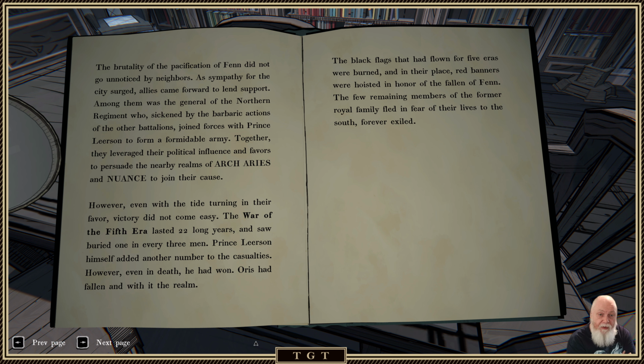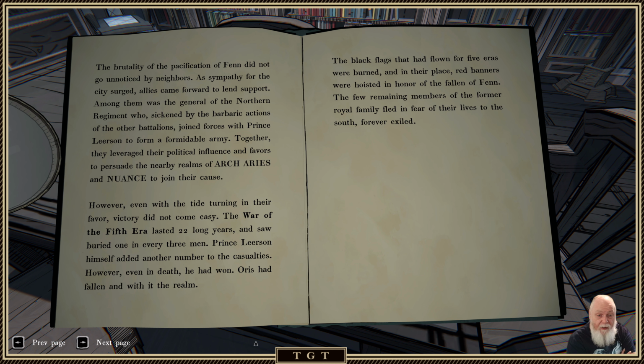Together, they leveraged their political influence and favors to persuade the nearby realms of Arch Ares and Nuance to join their cause. Nuance is like a continent country to the west of Orinda. However, even with the tide turning in their favor, victory did not come easy.